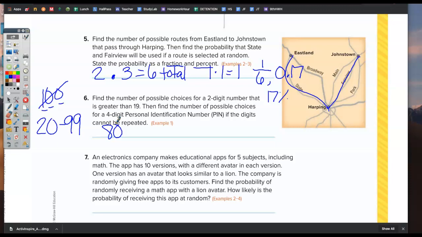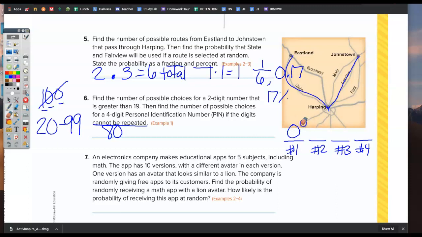Then, this is a totally different question. We have to find the number of possible choices for a 4-digit PIN number, and you cannot repeat the digits. So what that means is I have 4 digits: digit number 1, number 2, number 3, and number 4. If I use 0 for the first digit, I cannot use 0 for the second, third, or fourth.